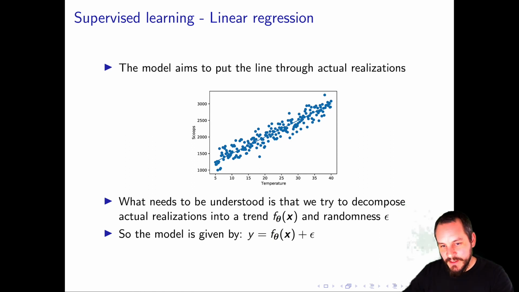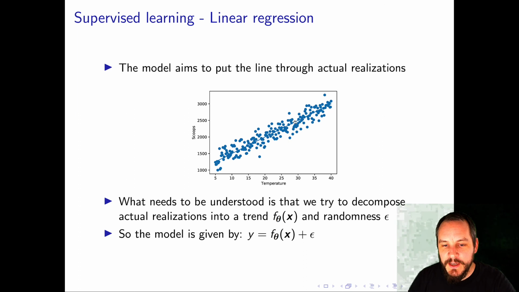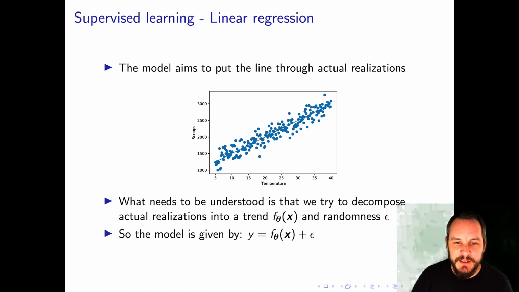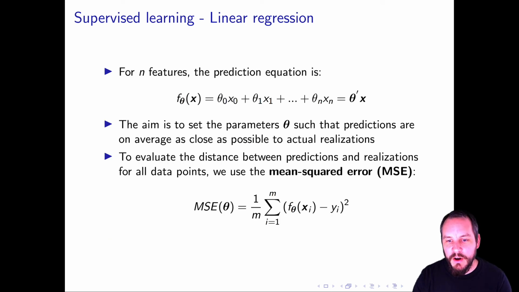So given the temperature is 30 degrees, we expect to sell approximately 2,500 scoops. Given the temperature outside is 20 degrees, we only expect 2,000 scoops to be sold, right? So this is the only difference here. Otherwise, the linear regression model and all models which aim to minimize the mean squared error are all models which aim to model the conditional expectation for a target variable.